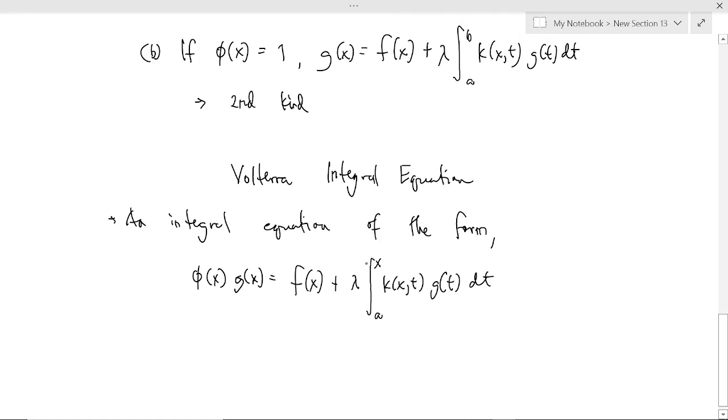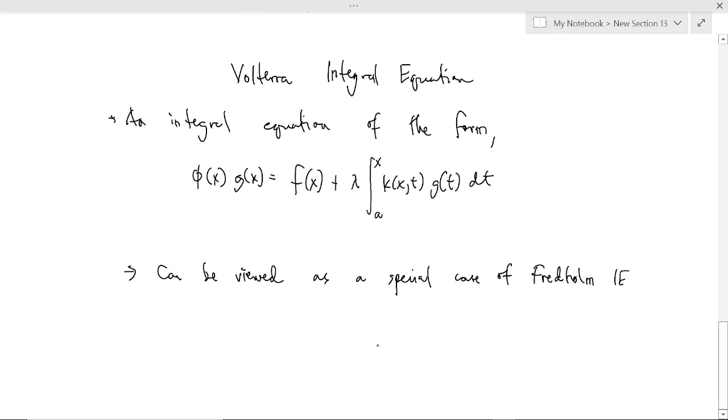So that is why, if we view this from the point of view of the Fredholm integral equation, this can be viewed as a special case of the Fredholm integral equation, IE.